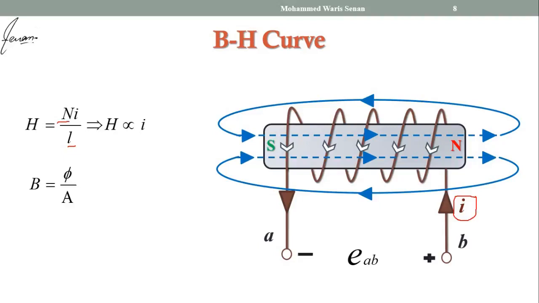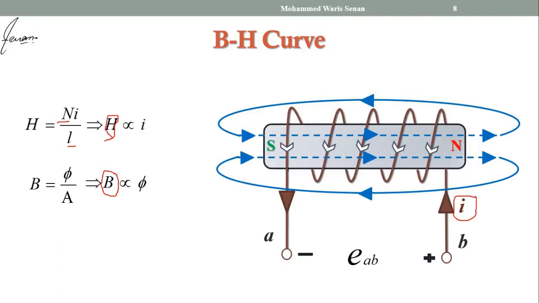For a material, area of cross section is constant, so the magnetic flux density will be proportional to the flux. Now in the case of the BH curve, we will find how this B, the internal magnetic field of the substance, is changing with respect to the applied magnetic field.